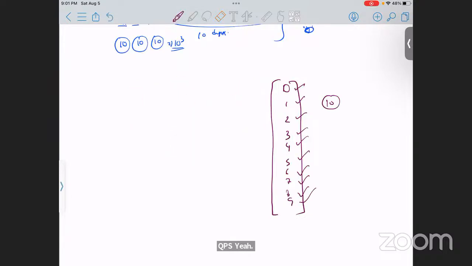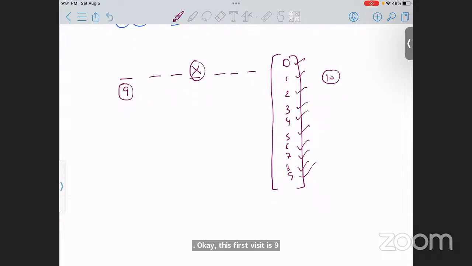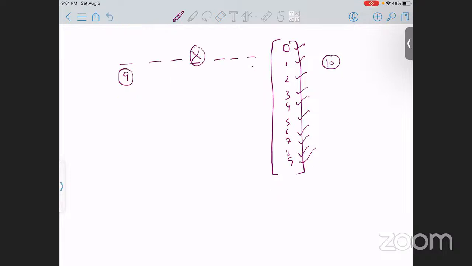Now look at this. The first digit is 9, and on this side you have to put the same 9. Then 10 into 10, and this middle term also takes 10.